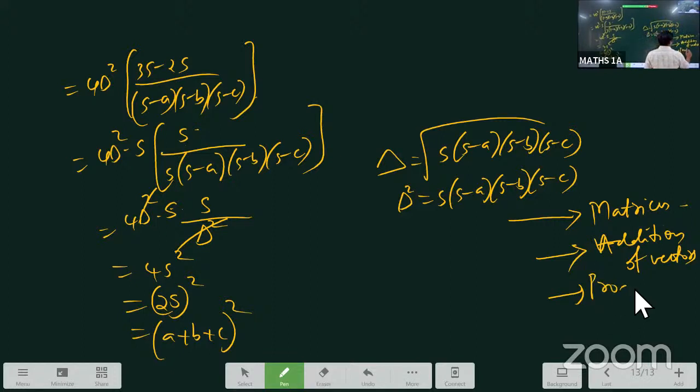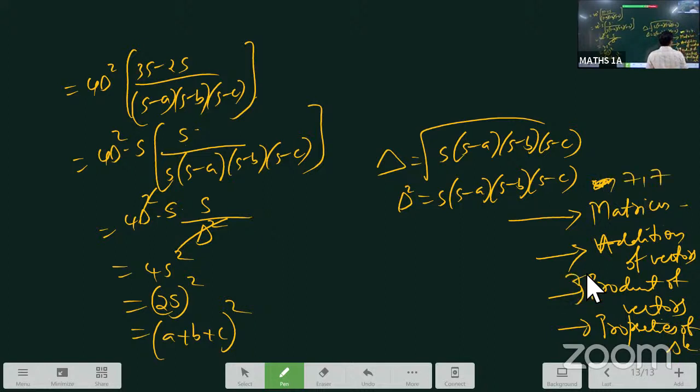Next, product of vectors. Now we are doing properties of triangle. So from here you get 2 7 marks. Here one you will get, here also one you get. Means already your 4 7 marks has been done. Is it clear? Properties of triangle.